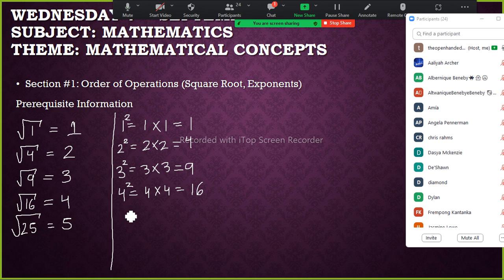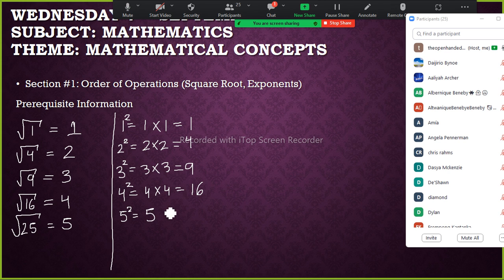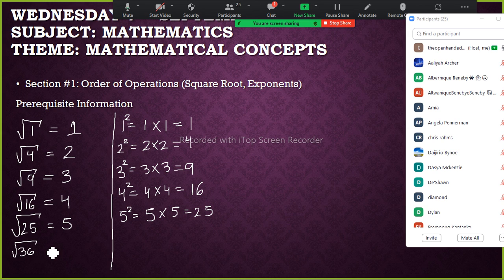And the reason why that's the case is because we have 5 squared, and 5 squared is 5 times 5. What is 5 times 5? 25. And then we have the square root of 36, which is what? 6.